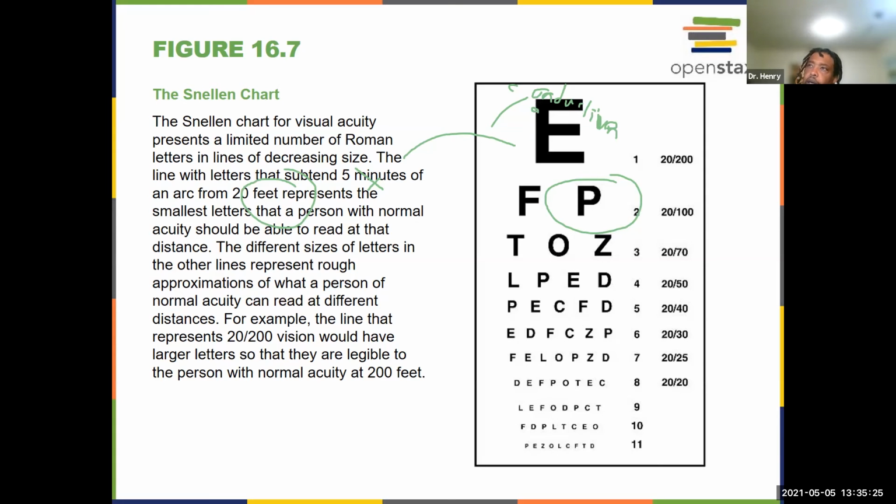Okay, so one of the tests they do when they're testing the cranial nerves is they have you test your eyes. You kind of do this all the time when you go and get your license, right? Cover one eye, read the bottom line. Cover the other eye, read the bottom line.